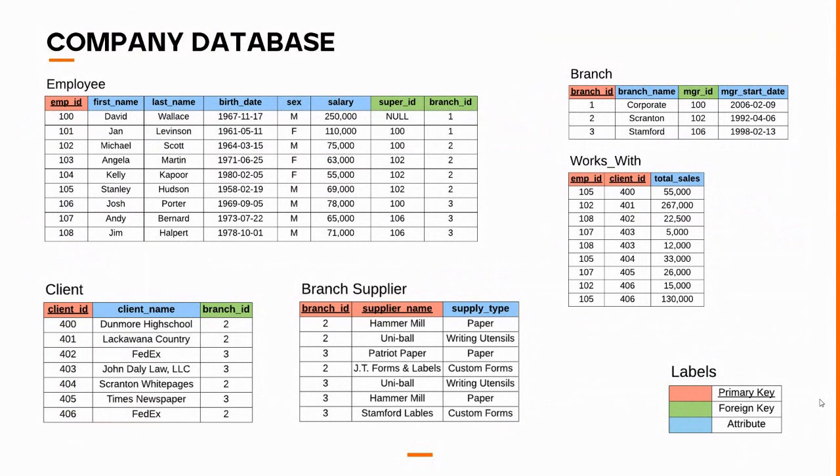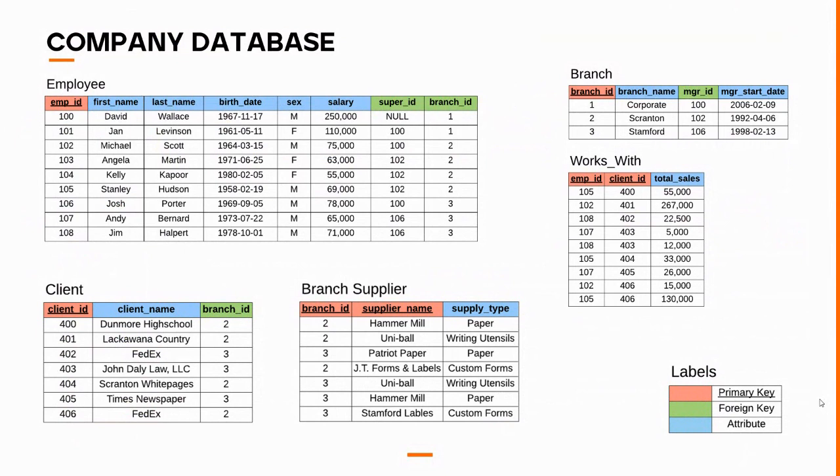So super ID is basically the supervisor ID, right? It comes from the same table itself and says who is the supervisor of these persons. Let's say David Wallace has a supervisor of null because he does not have a supervisor, he's a supervisor himself.